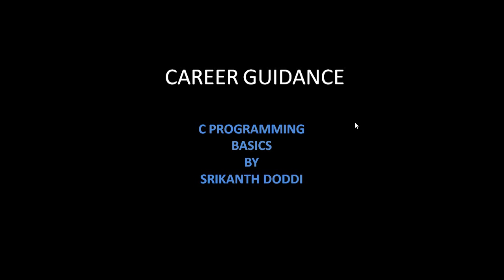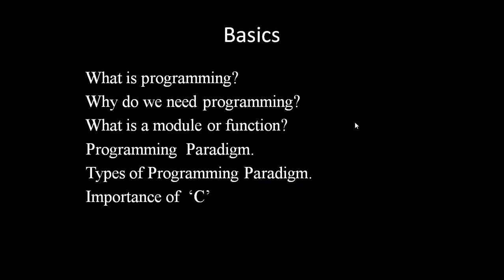So these are some features which we have seen in C, and now we will learn what programming is. A computer has a certain language in which it understands. That means a computer has a coding so that we can send our instructions to the computer.